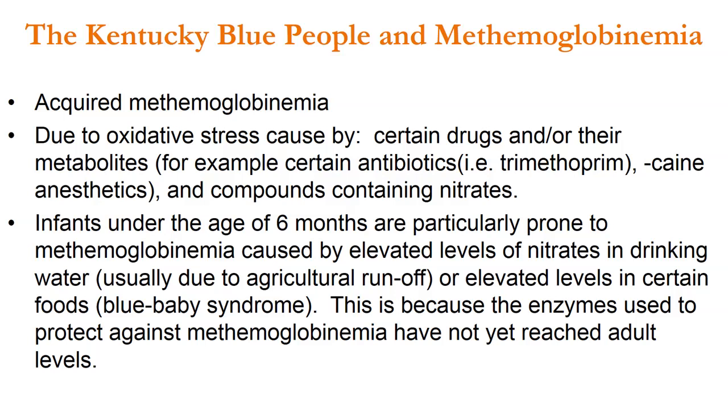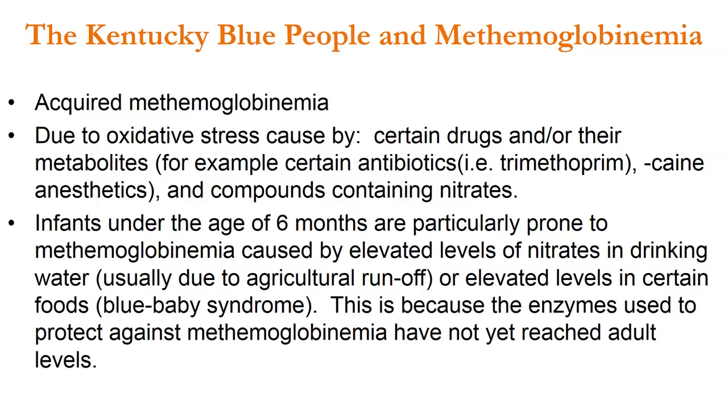Now, you can have acquired methemoglobinemia, or you can have the genetic disease. The genetic disease is very, very rare. It's much more common to see acquired versions where oxidative stress can cause methemoglobinemia. Acquired methemoglobinemia is particularly common in infants. And that's because this gene that's going to be mutated in the Kentucky Blue people, which is the NADH methemoglobin reductase, we'll talk about in the next slide, hasn't reached adult levels yet, so they're much more prone.